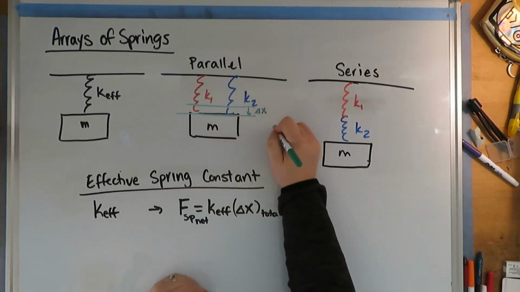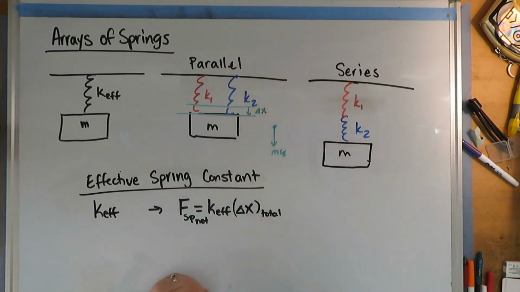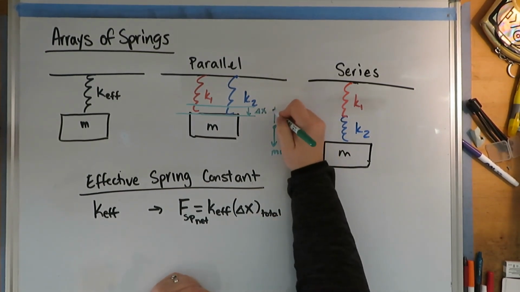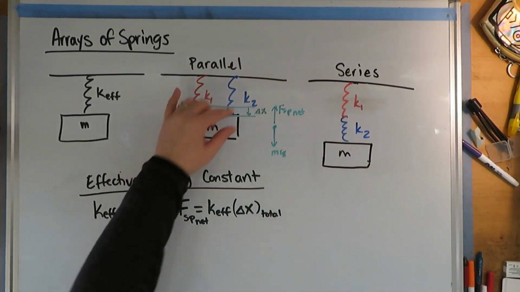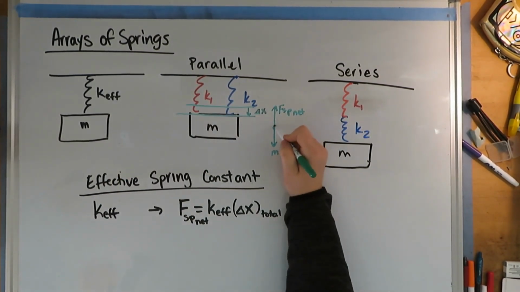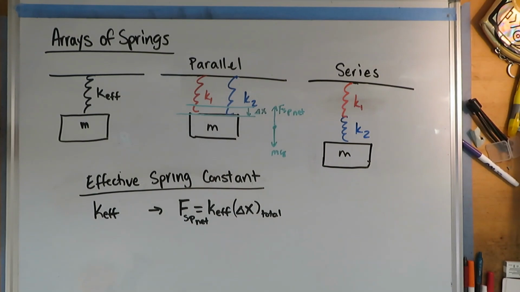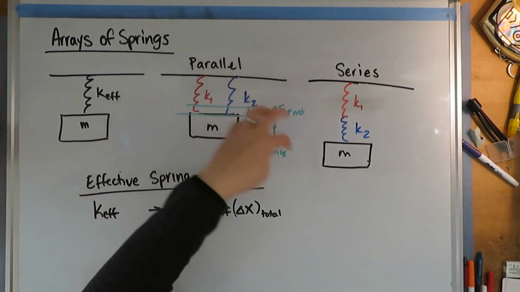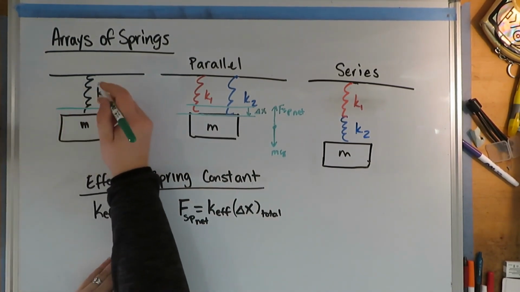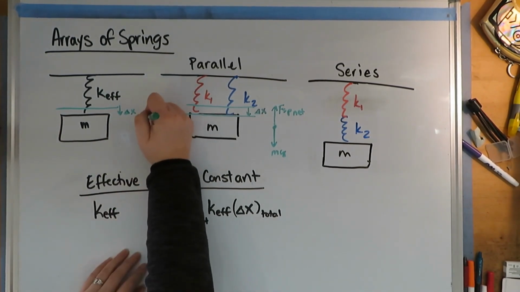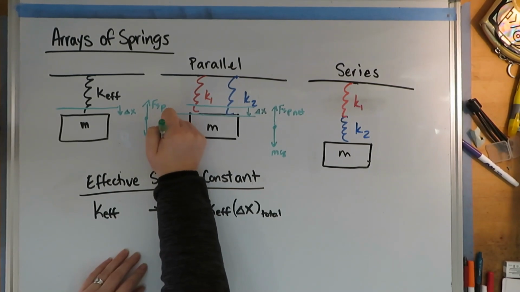If I picture this mass mg as having a gravitational force down, then there is some net spring force due to these two springs, and that net spring force would give me that overall delta X. And this one over here would have the exact same delta X and the exact same spring force for that gravitational force.